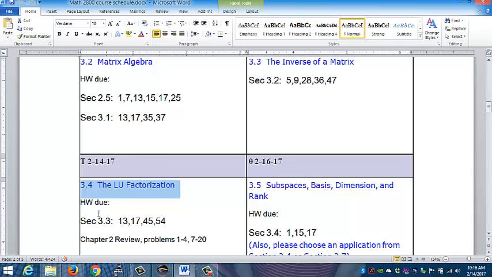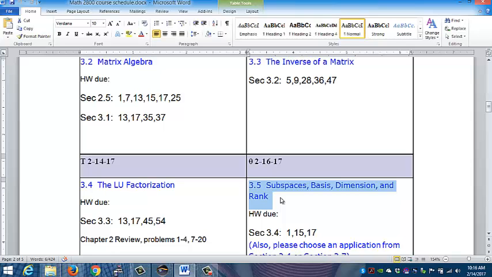The other thing I wanted to do is I know you're going to have questions on this homework that you did, this Chapter 2 review, right? That's a lot of work. And you may need some help with that. So that's in the back of my mind. And then the other thing that's on my mind today is that this section, I think I told you guys, is the most important section in the entire book.